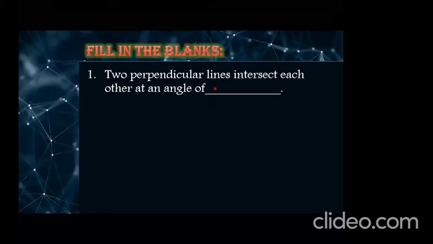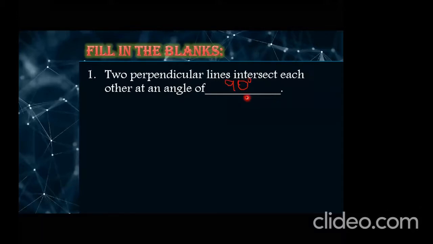Yes, the answer will be: two perpendicular lines intersect each other at an angle of 90 degree. Right? Very good. Now move on to the next one.